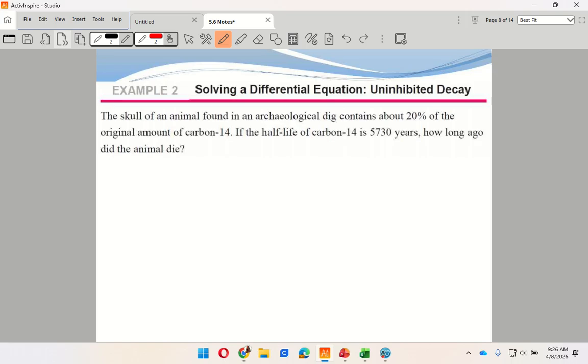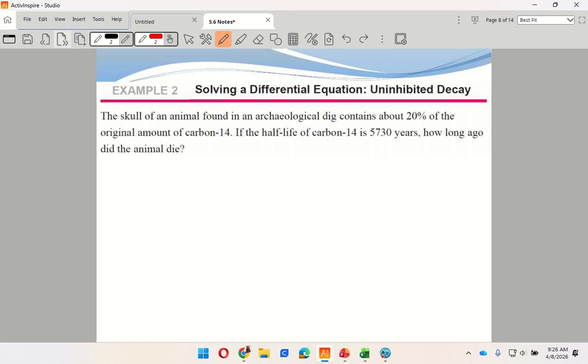Skeletal animals found in an archaeological dig contains 20% of the original amount of carbon-14. Half-life of carbon-14 is 5,730 years. How long ago did the animal die? Okay. I know that half-life means half of it should be there, right?